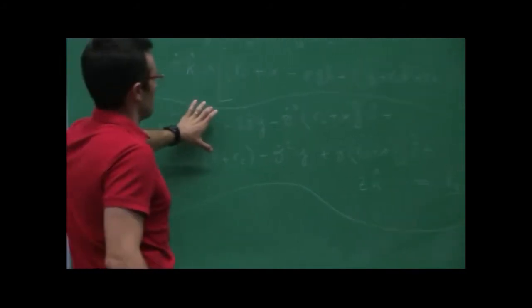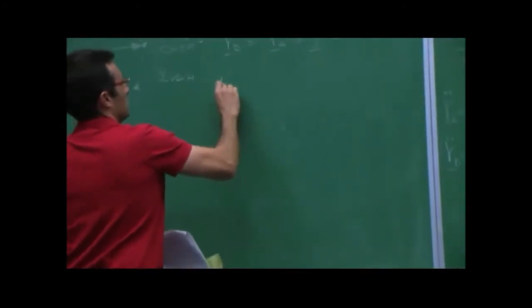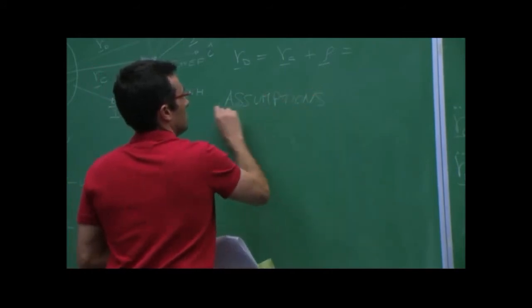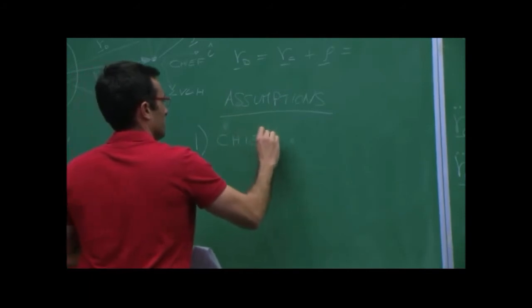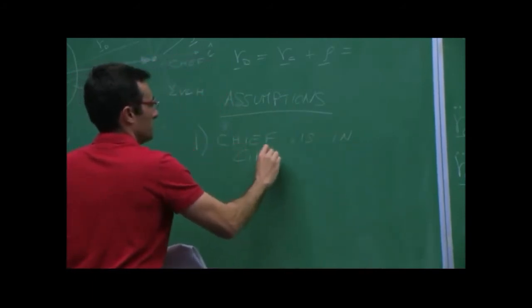They make some assumption on that equation where all this expression here is equal to minus mu over rd cubed rd. Linearization is one of them, and we have to do that yet. But the first assumption is the chief is in a circular orbit.